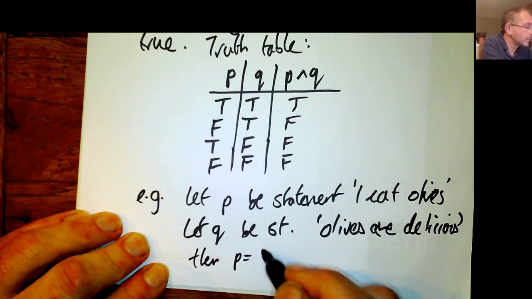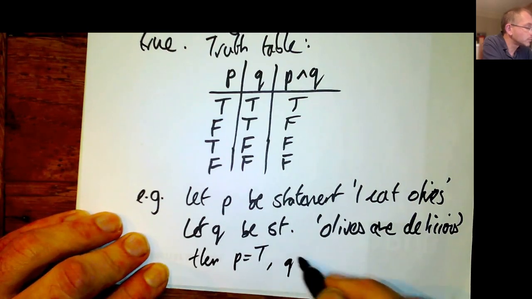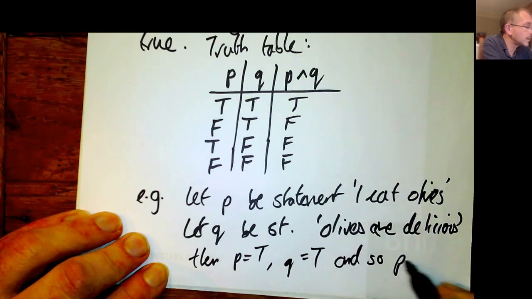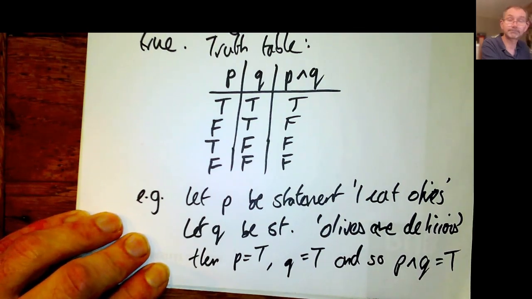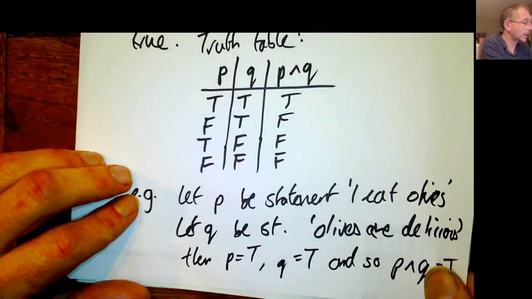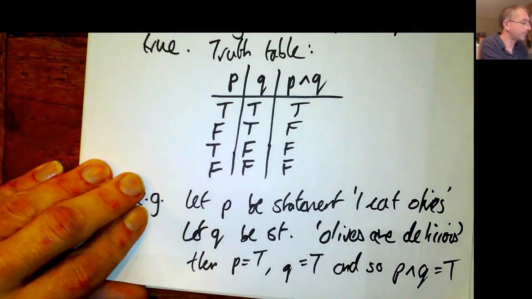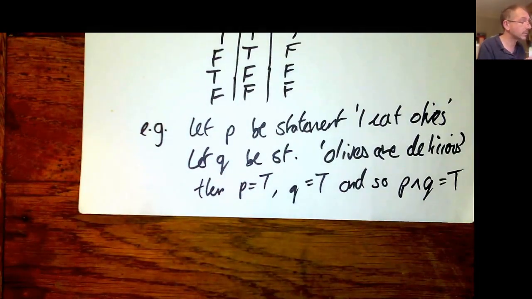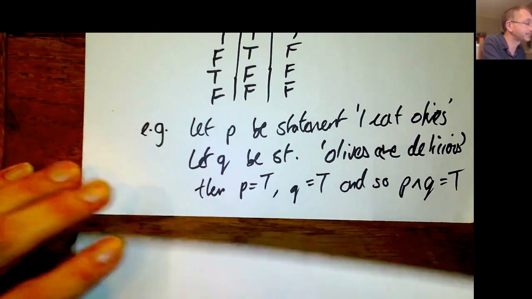P is true, Q is true, and so P and Q is true. Okay, and obviously if you had a different statement, like I eat olives, that's still true, and Q is the statement olives are disgusting, then that would be false, and so P and Q would be false.